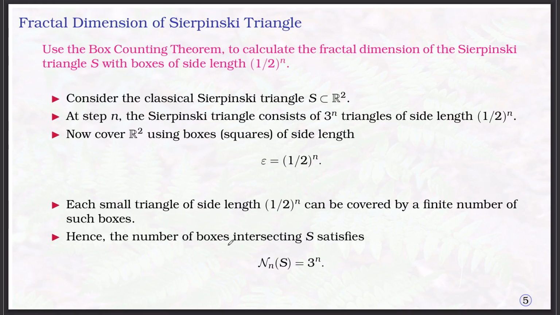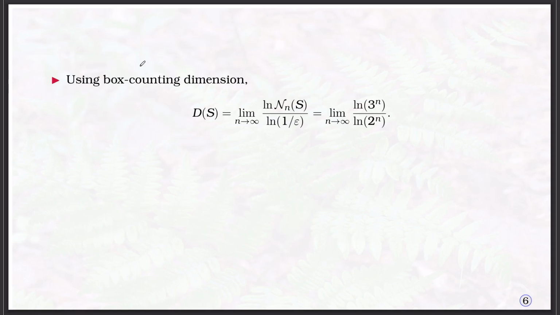Hence the number of boxes intersecting the Sierpinski triangle S is 3 power n. Now use the box counting technique: limit as n tends to infinity of ln N of s by ln 1 by s. Again by the same technique we used for the Van Koch curve, one gets ln 3 by ln 2, with no involvement of n.